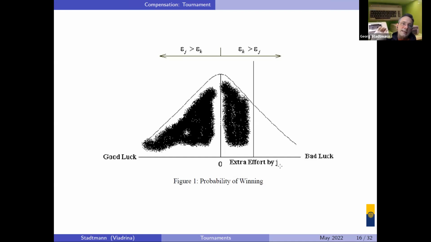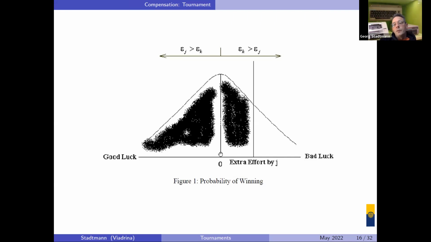Agent J is exerting a larger effort level than athlete K. And due to the fact that agent J is exerting a larger effort level, the probability is not 50-50, but the winning probability for agent J is higher.